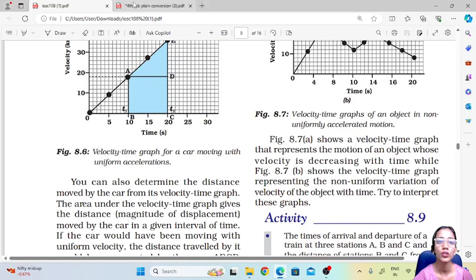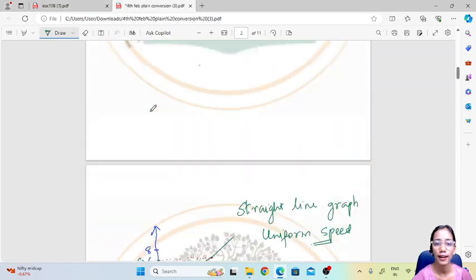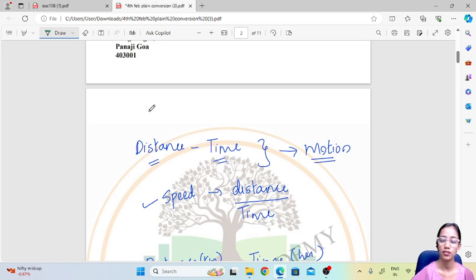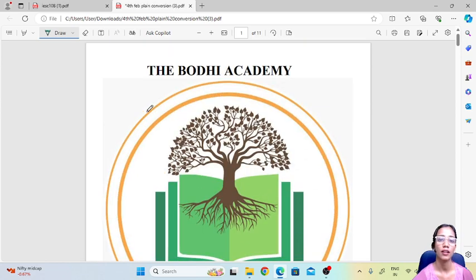So today we saw the different types of graphs for distance, time to find the speed, and the different types of graphs for velocity, time to find the acceleration, and the nature of acceleration. So in the next video we will be studying more concepts on motions, and we will see how to find the distance, speed, and the velocity and acceleration using different equations of motions and formulas.